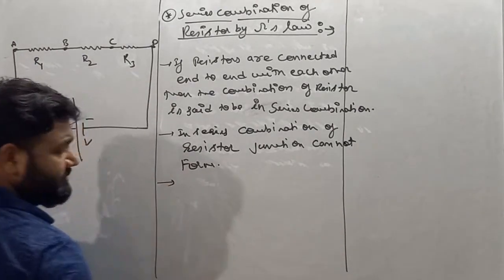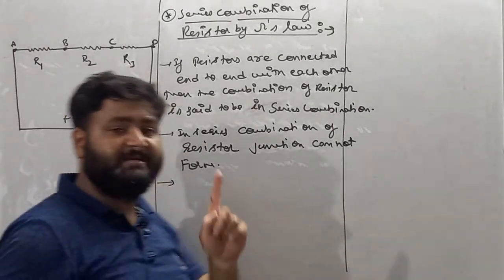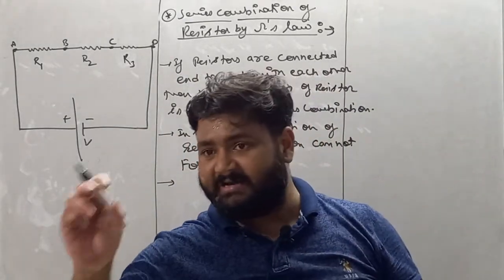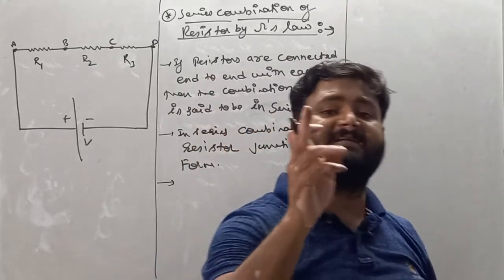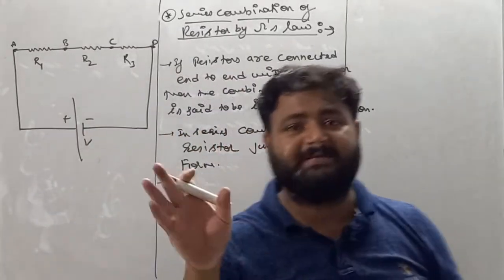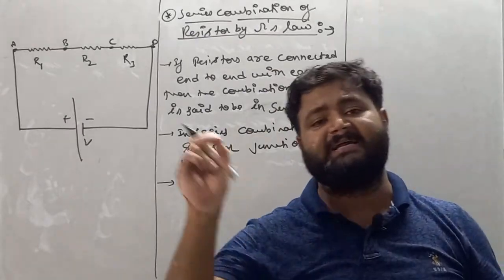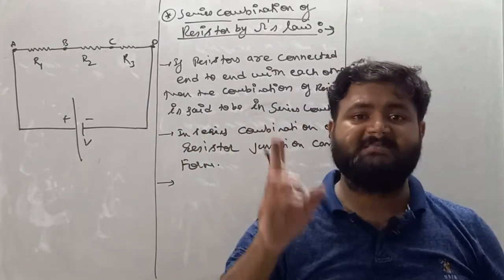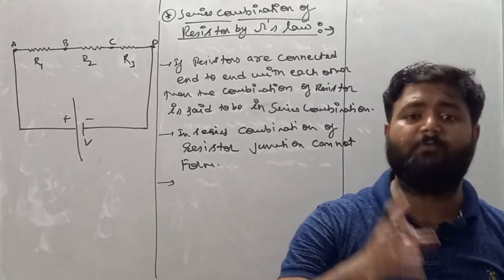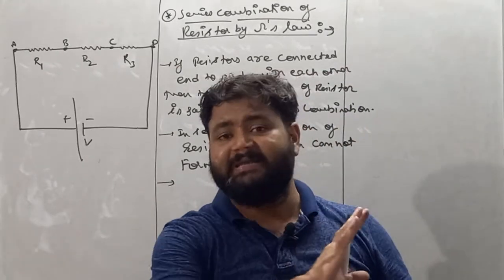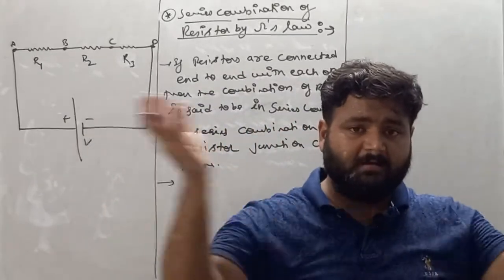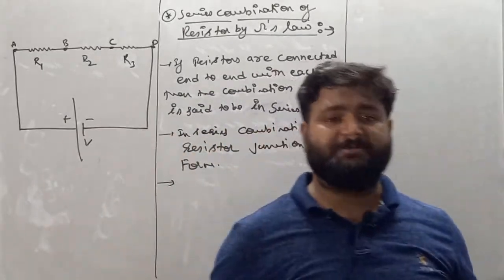Next point, my dear student, a very important point: in series combination of resistors, current across every resistor is the same, because current cannot be distributed until and unless a junction forms. At a junction only, my dear student, current is distributed. Without the formation of a junction, current cannot be distributed.